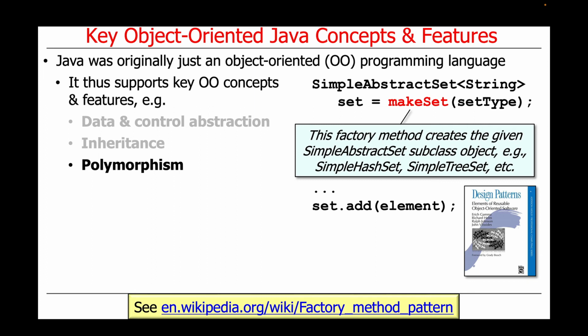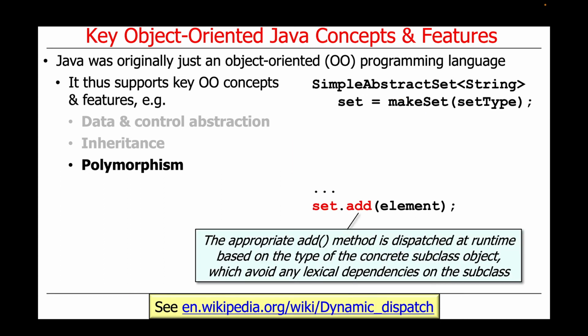And it creates that object, but it returns it back to the caller as a reference to a SimpleAbstractSet, which of course is the superclass. And that gives us the flexibility to define different implementations in the makeSet factory, but have the code that's using it not know or not care what the specific details of that concrete subclass object are.